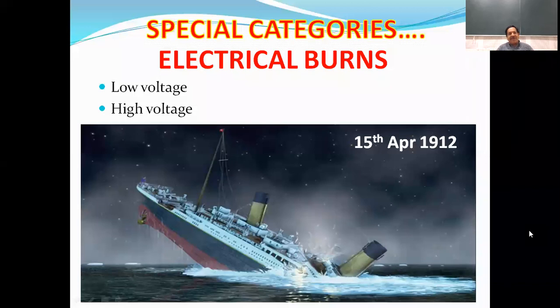Why it sank: they underestimated the glacier. They saw only the tip of the iceberg. They underestimated how much damage it was causing. So anybody treating electrical burns and underestimating will sink like the Titanic ship.